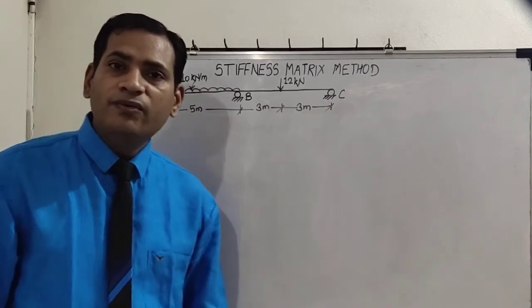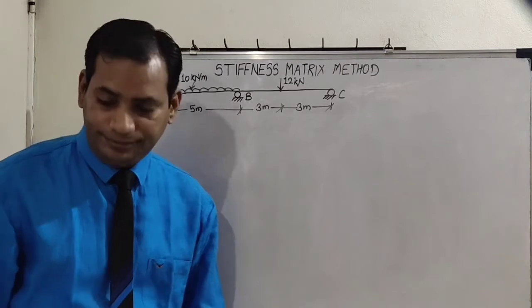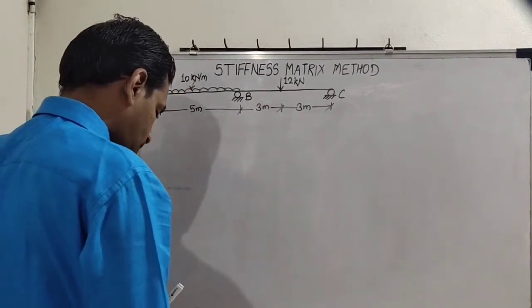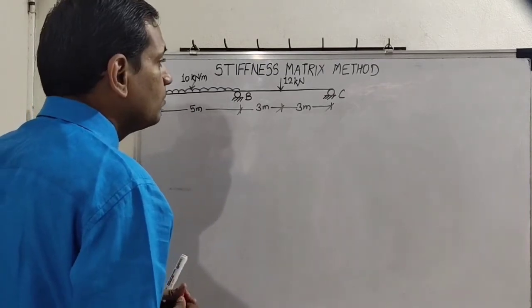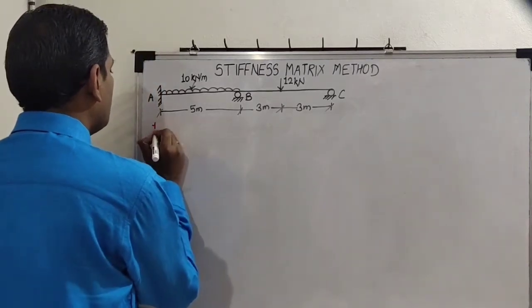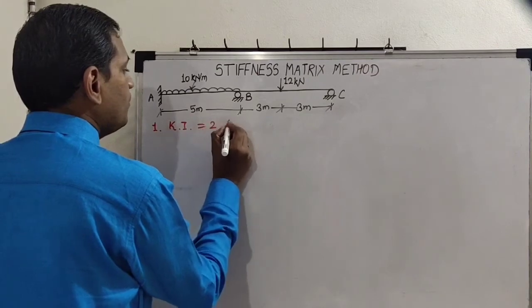Our step number 1 will be finding out kinematic indeterminacy of the beam. So Ki value for this particular beam is 2.